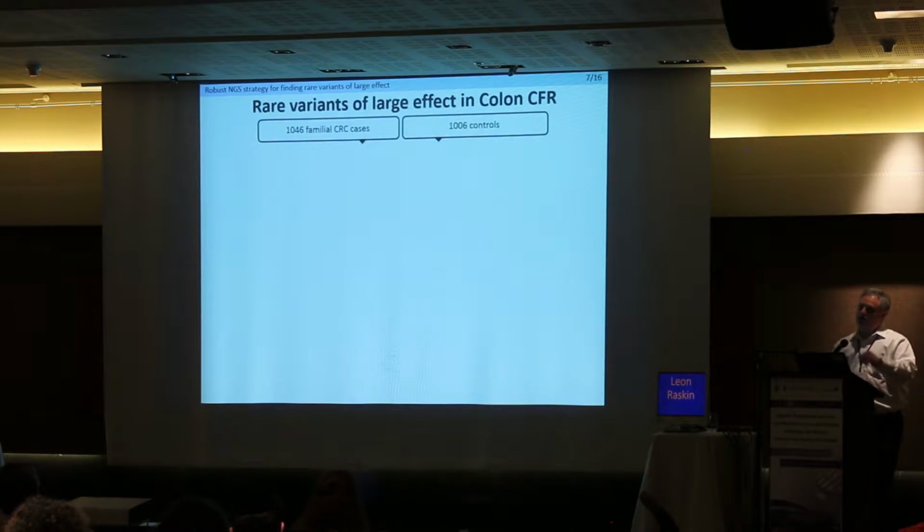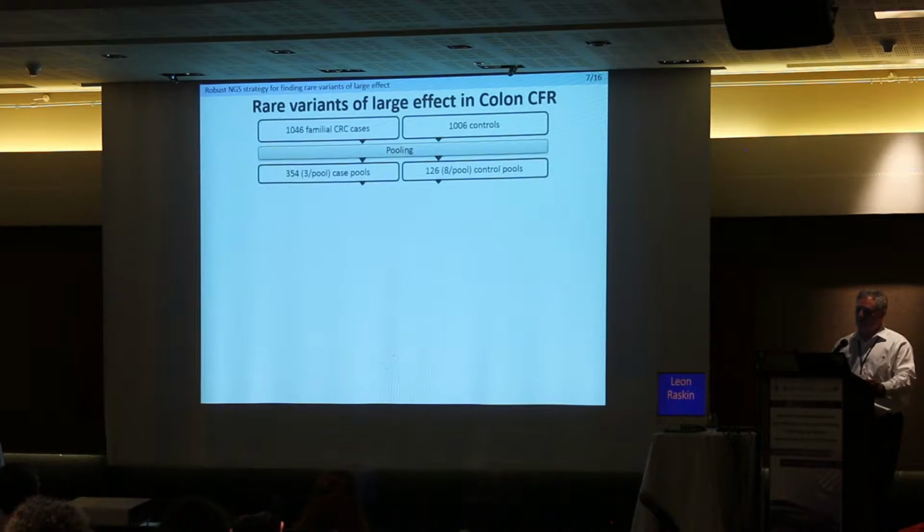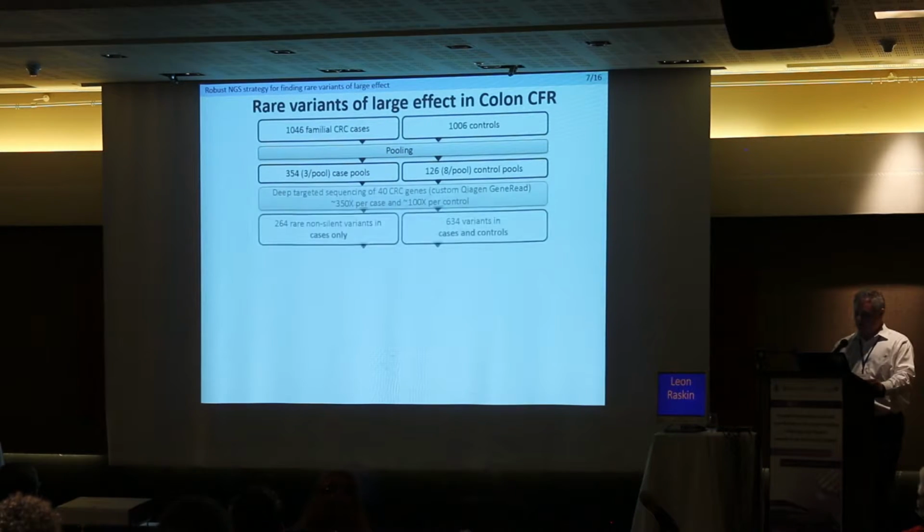Our strategy started from those 1,000 cases and 1,000 controls, as I mentioned before, that were physically pooled into 3 samples per pool in cases and 8 samples per pool in controls. Then they were sequenced.